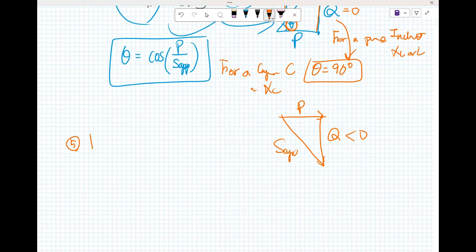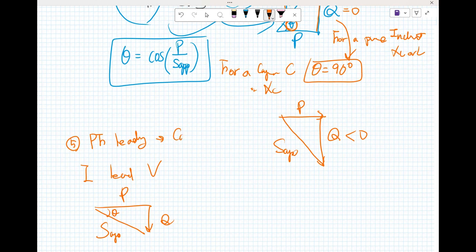Power factor leading means the current leads the voltage, Q is negative, and theta is less than 0. That is usually a capacitive load. Very important.